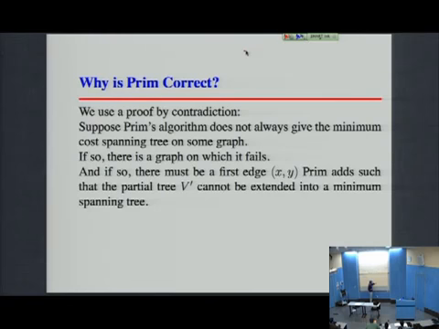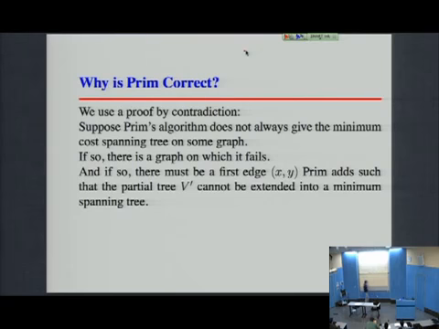The cheapest thing adjacent to me is this. The cheapest thing adjacent to me is this. The cheapest thing adjacent to me is that. Does everybody see that that's what Prim's algorithm is going to do? Okay? And in this case, it's always grabbing the vertex that is connected to it that it can get to as cheaply as possible. So you agree on this example, Prim's algorithm is going to do the right thing, right?